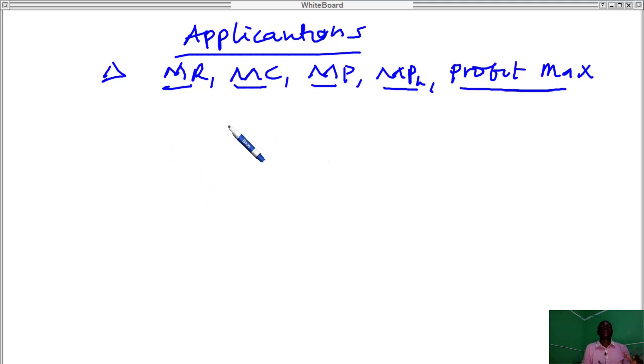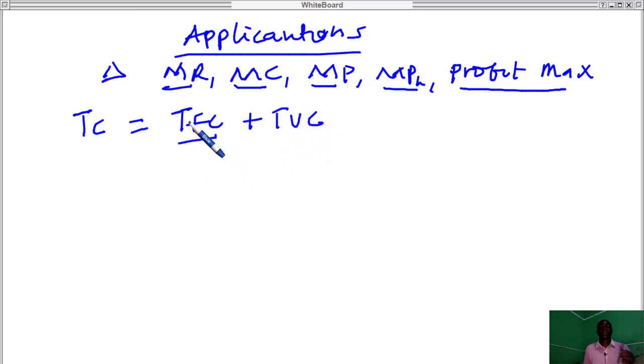So let's get some understanding of this concept. First one, let's look at total cost. Total cost is total fixed cost plus total variable cost. The fixed costs are the costs that you incur on fixed input.